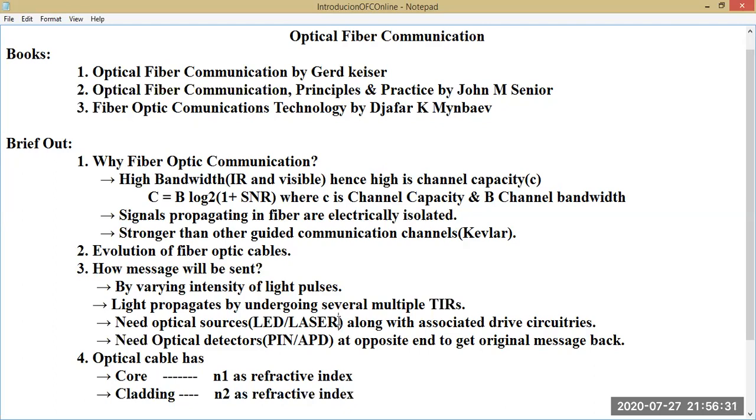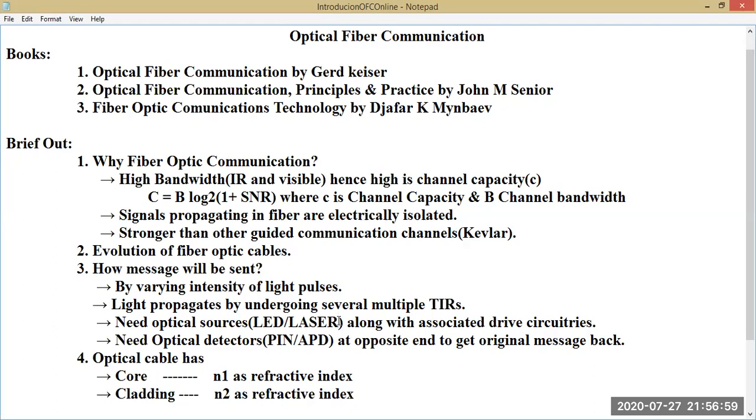Therefore, it is clear that this LED or laser and PIN or APD, both of these are said to be the transducers or converters, I can say. One is converting electrical signal into optical signal. The other one is converting optical signal back into electrical signal. Again, these optical detectors we need to discuss in the same unit 4 itself.